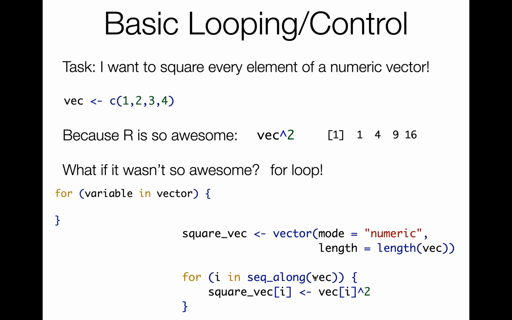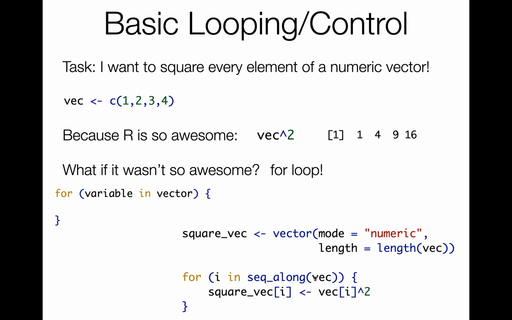Here's how I would actually do the operation. So I'd make another vector. To be good about it, since in R you can do some weird stuff, you don't necessarily have to do all these steps, but I've made another vector called square vec. I made it a vector. Its mode is numeric and its length is the length of the vector.